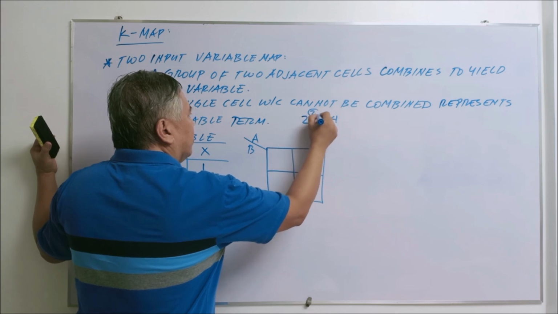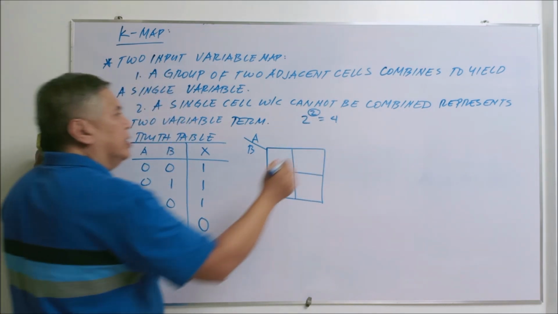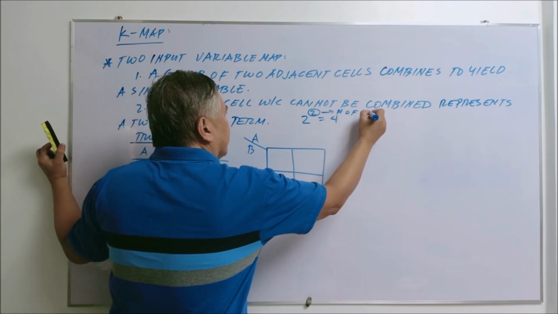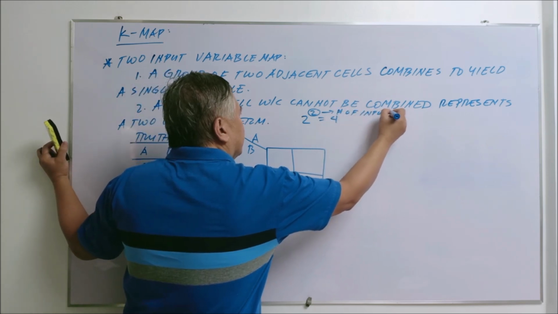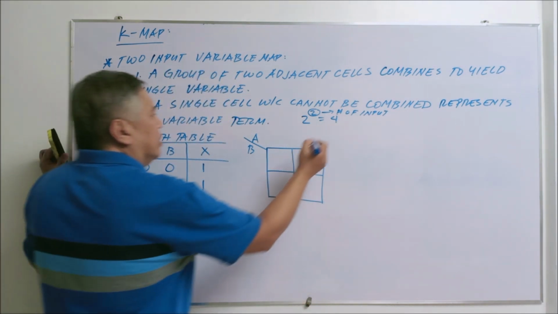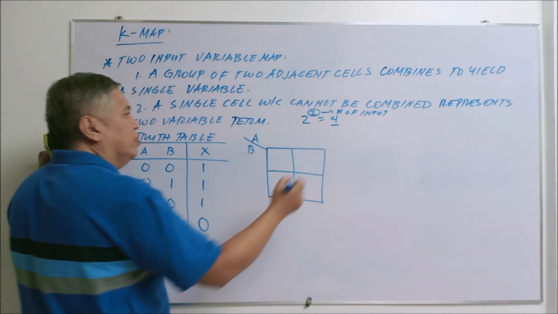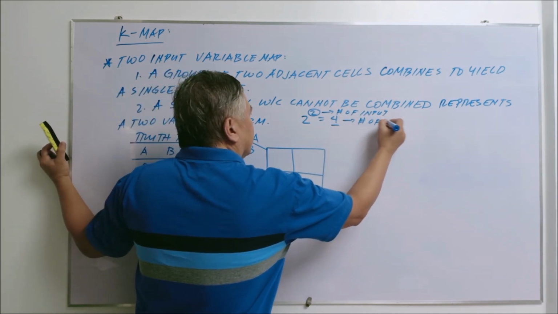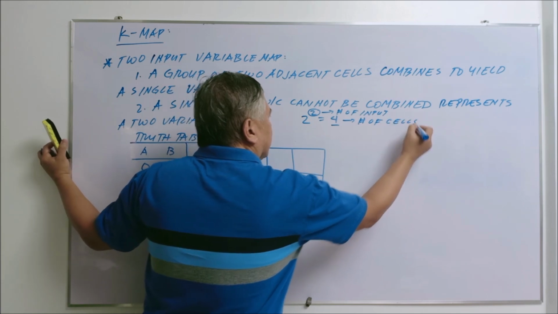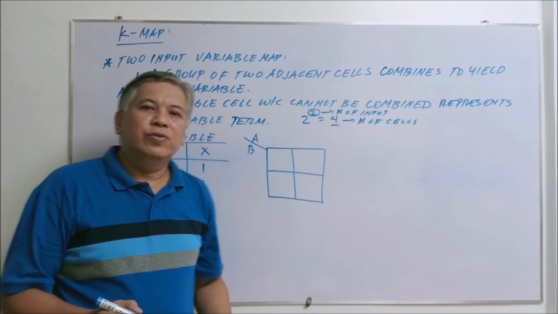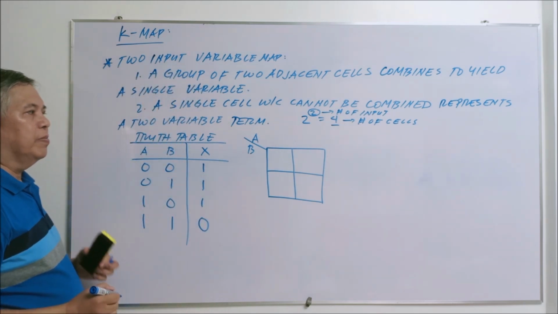This one here corresponds to the number of inputs or input variables, and the value 4 here corresponds to the number of cells, the number of cells to satisfy a 2-input variable map.